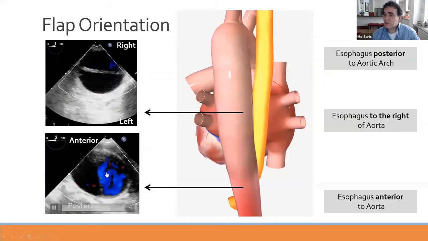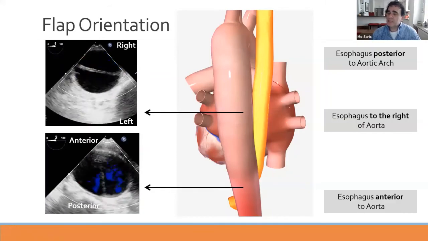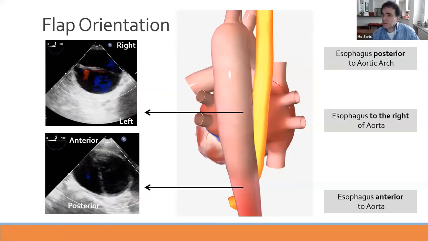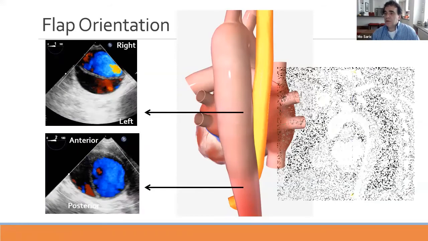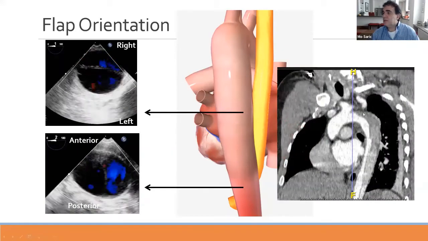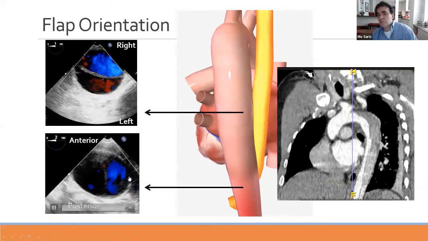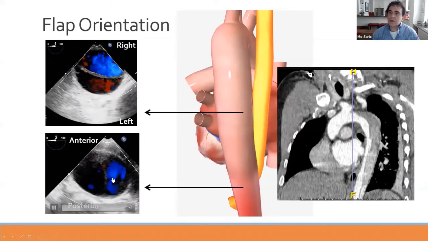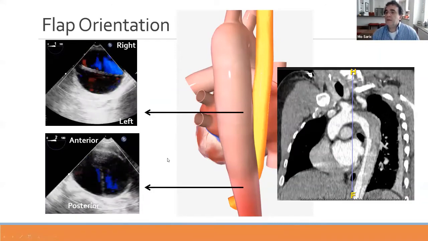There is actually no movement of the dissection flap; it's just natural because the esophagus moves around the aorta. And here clearly on a CT, you see that the dissection flap is stationary, and the illusion of movement on the TEE simply reflects the swirling path of the esophagus around the aorta.